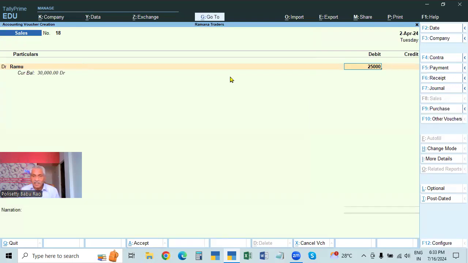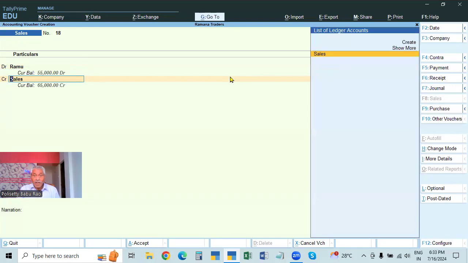So Ramu is the receiver, and here we are not selling goods, so we should not take sales. If sales is selected by default, just click the escape button, that will go. Now what we sold is auditing services. So that is income to us, called auditing fees received.